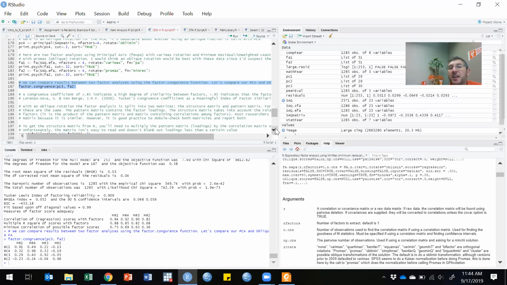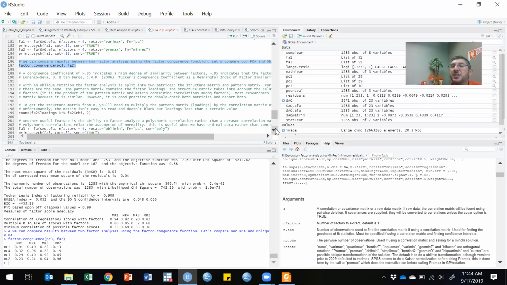One thing I didn't really talk about, because we used an orthogonal rotation, is that there's a difference when you run an oblique rotation. Basically, in an orthogonal rotation, we're not allowing for correlations between our factors, and an oblique rotation allows your factors to correlate to a degree.